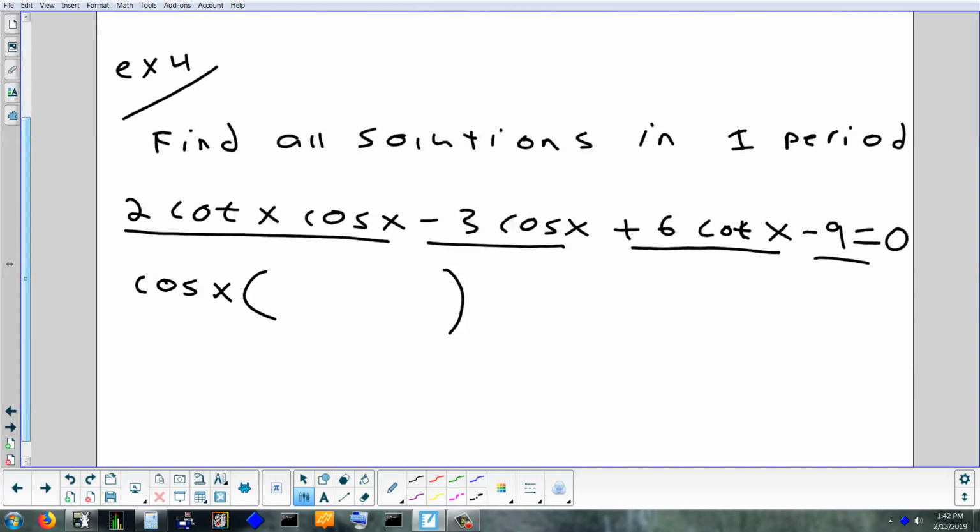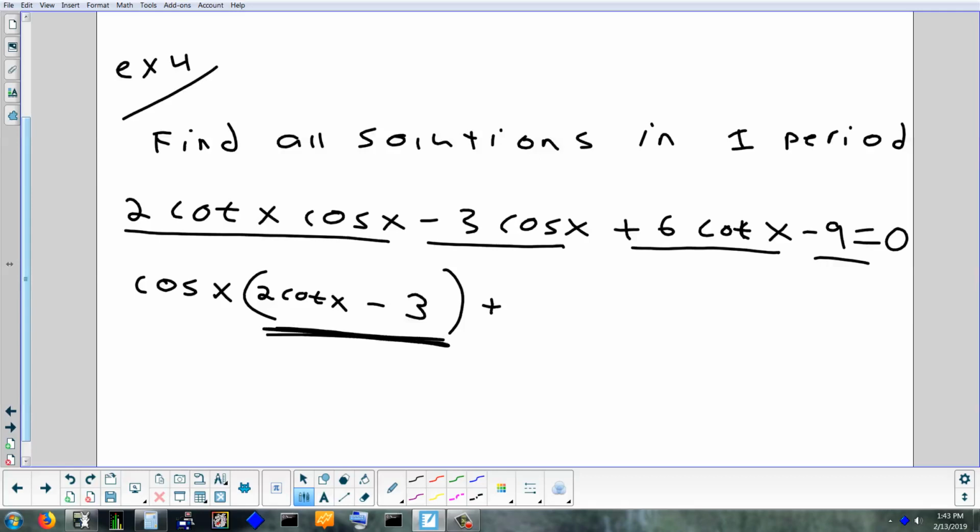So it's almost like you're just going to cover it up. If I take cosine x out of the first term, all I'm left with is 2 cotangent. If I take cosine x out of the second term, what am I left with? Negative 3. So the goal with factor by grouping is to get this again. That's what you want to happen. So let's see what happens when we do the second part. What can I factor out of the last 2 terms?